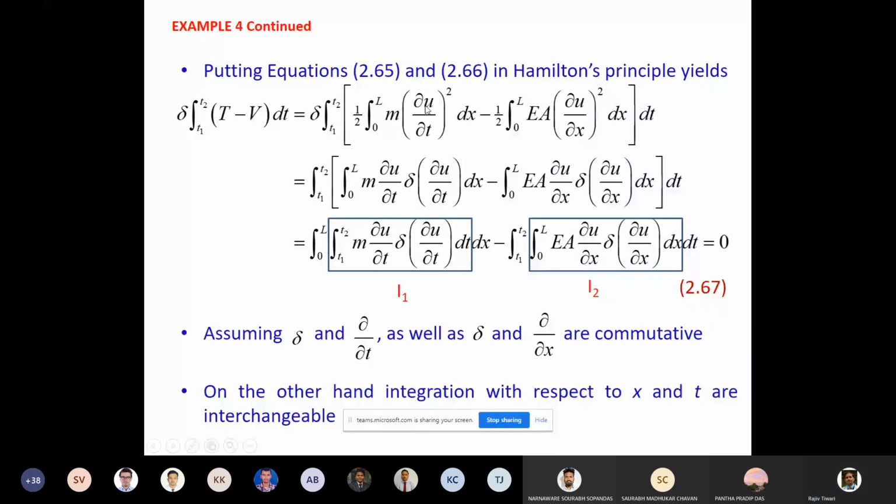The 2 will cancel with the half, so del v by dt and the variation of this quantity. So this is 2 del v by dt, 2 will cancel with half, and then the variation of this.